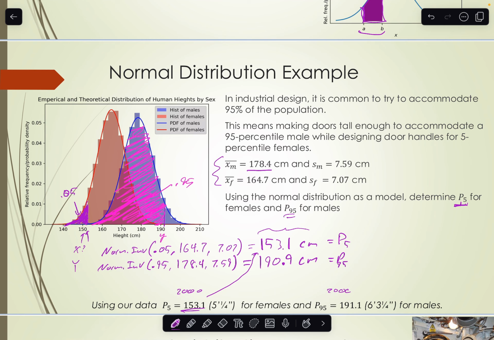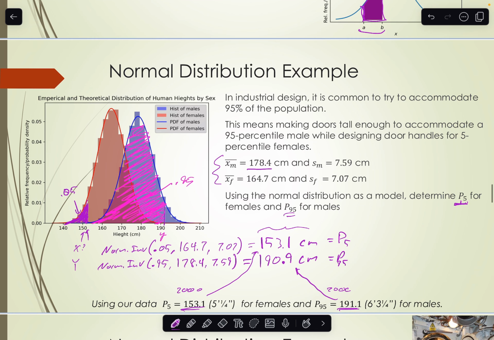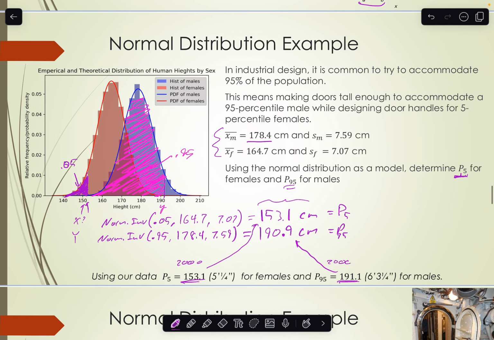So it was a good model because it agreed with the actual data, but it didn't agree so well with the male data used. 2,000 measured heights was 191.1, whereas my stochastic model for the heights, I should expect a 95th percentile of 190.9. All right, so you win some, you lose some.